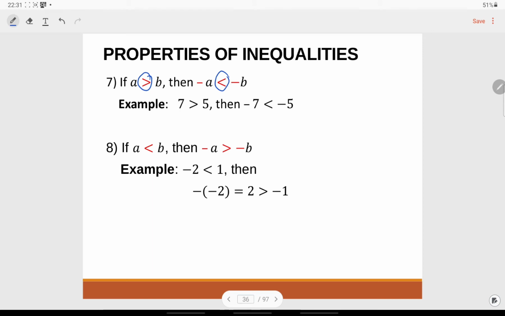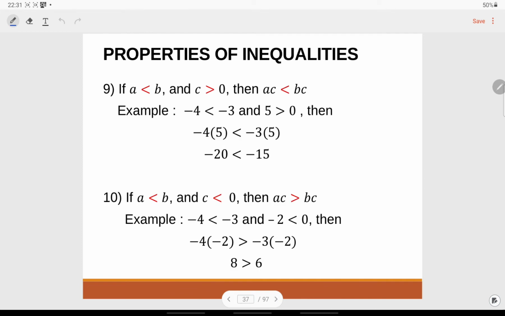For the next property, if A is less than B, the original one is less than, but if A and B become negative, we need to change the direction of this sign. So it becomes greater than. Negative A is greater than negative B. You can check the example to verify this property.